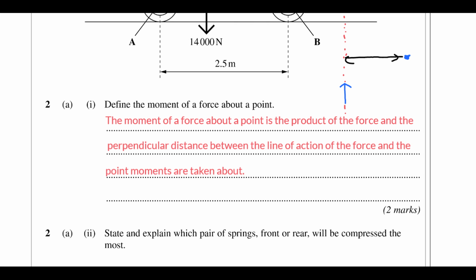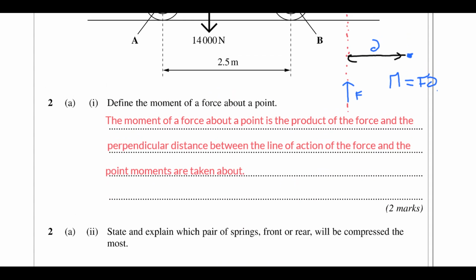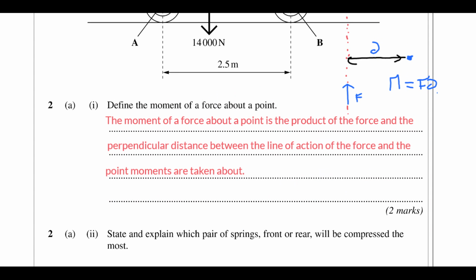That's why it's the perpendicular distance between the line of action and the point, and then this is obviously your force. Let's call that D. So then the moment of that force about that point is F D there, but this is the formal definition you've got down here, and that's what you would need to be able to quote when asked about what moments are. Okay, so let's press on.